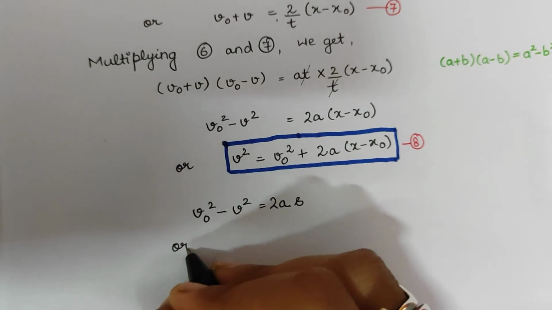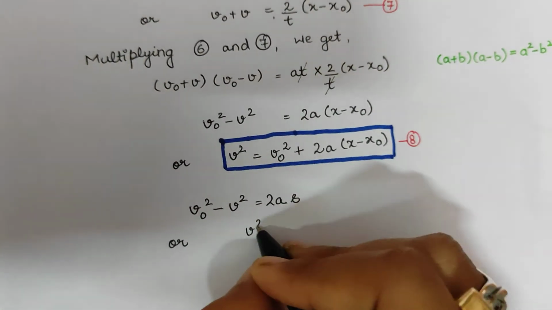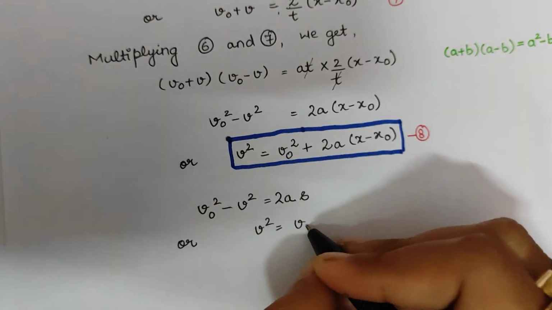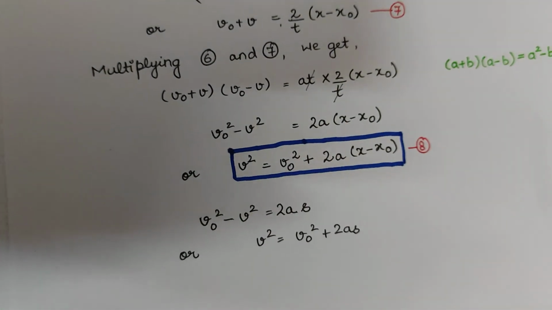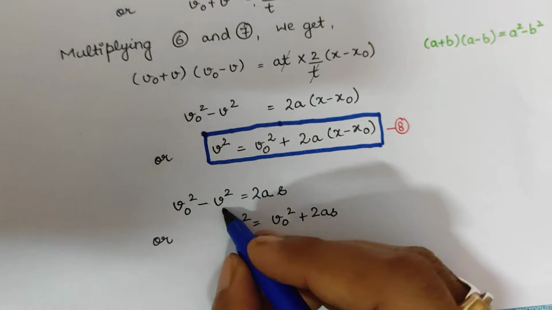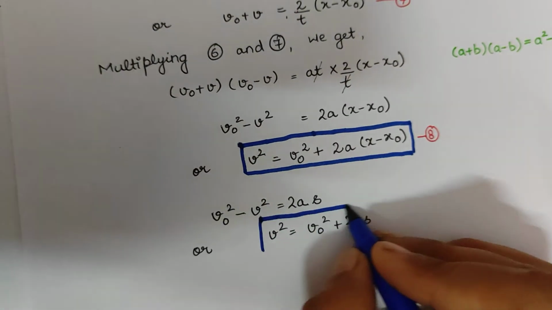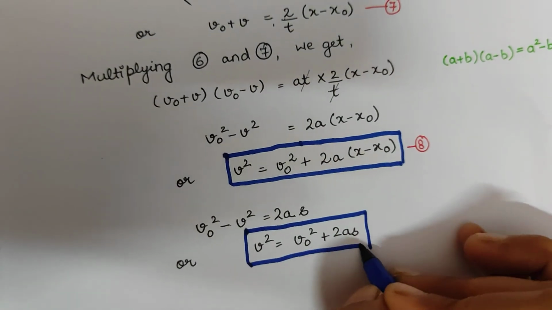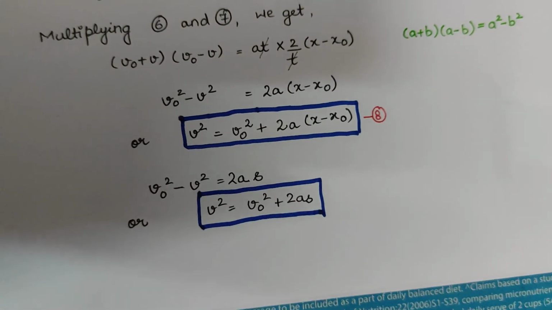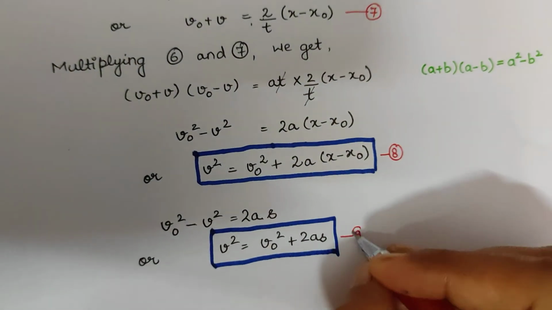Again, if we rearrange this equation, we get v square is equal to v naught square plus 2as. So, students, this is the third equation of motion when an object is moving with constant acceleration.